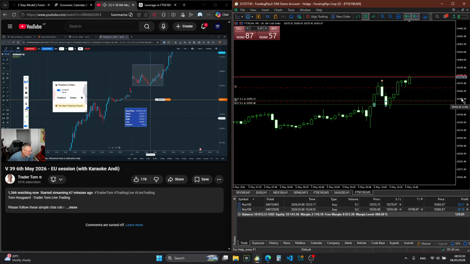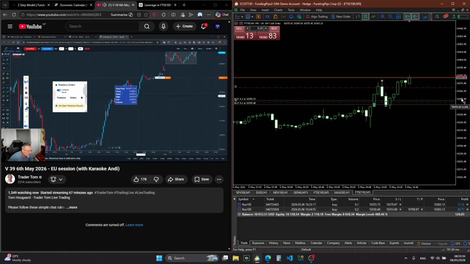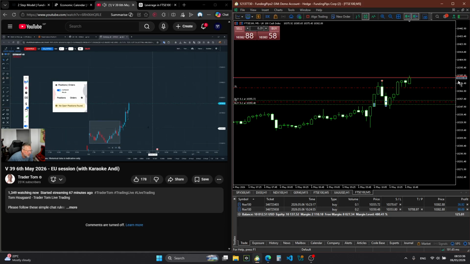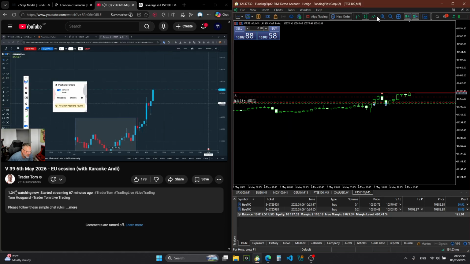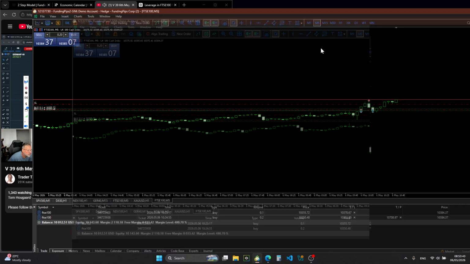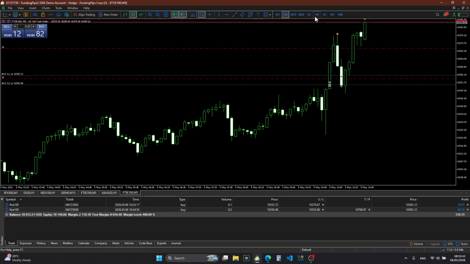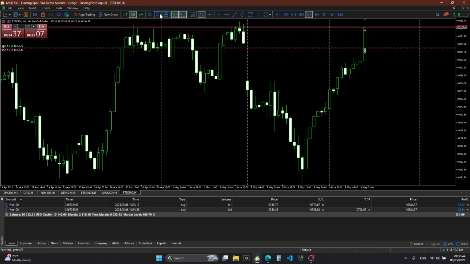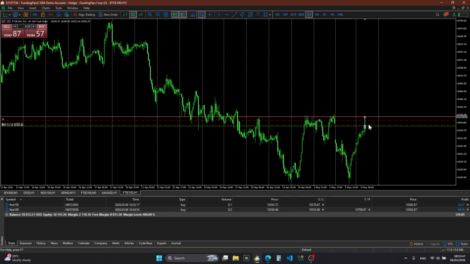Also, how rare is it that you have a trend day yesterday and then the next day sets up to be a trend day as well? Interesting. So DAX is now at, yeah, I remembered correctly, the 17th of April high.